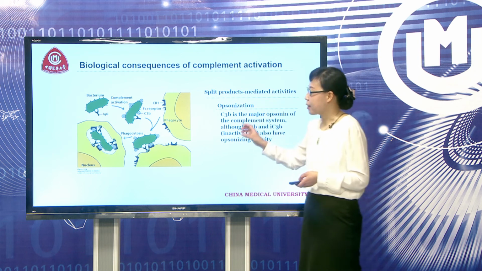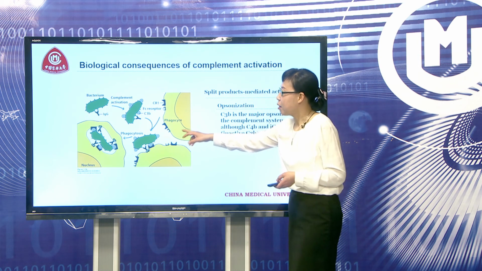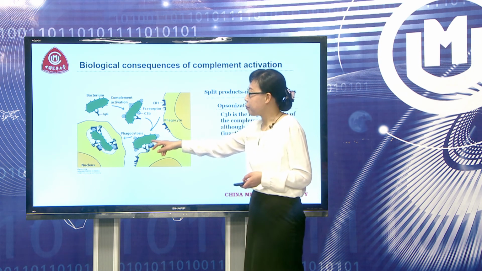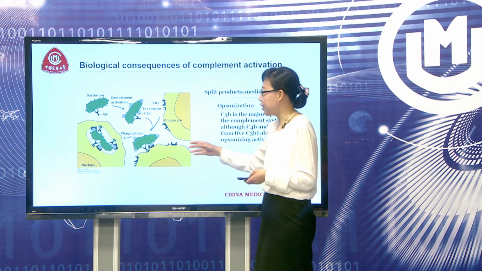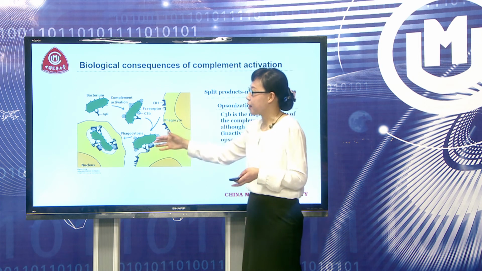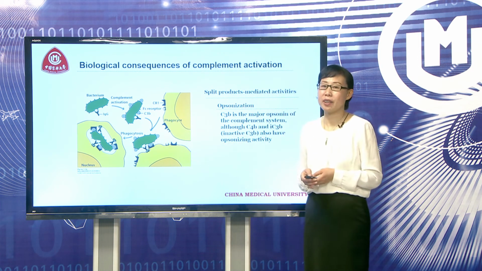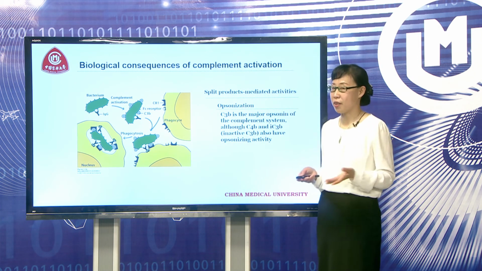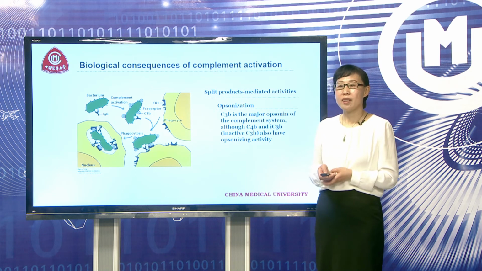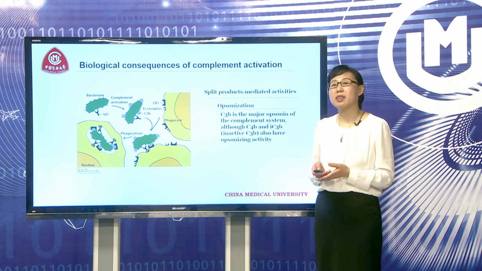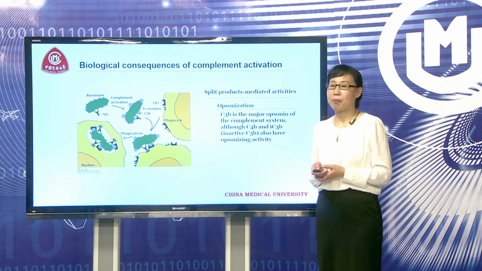These phagocytes express the receptor that binds C3b-bound target cells. And then those phagocytes can internalize the bacteria or other target cells and then degrade them. This is called complement-mediated opsonization.